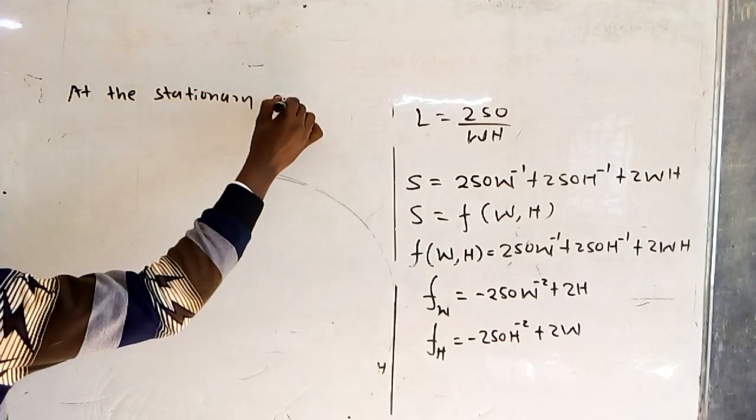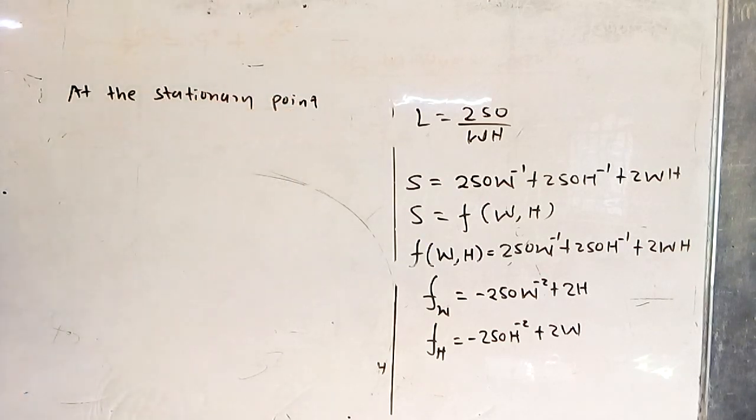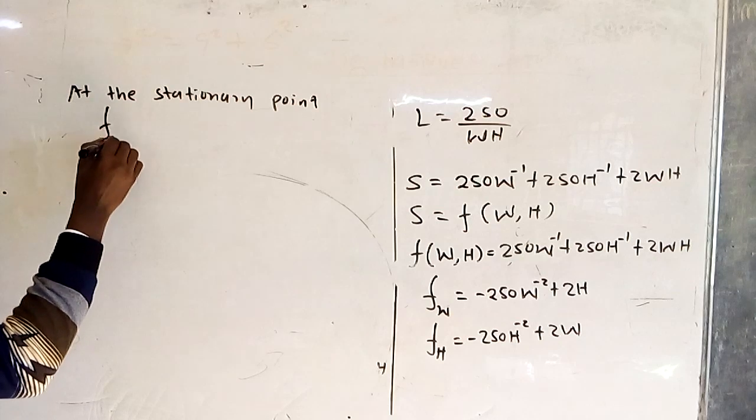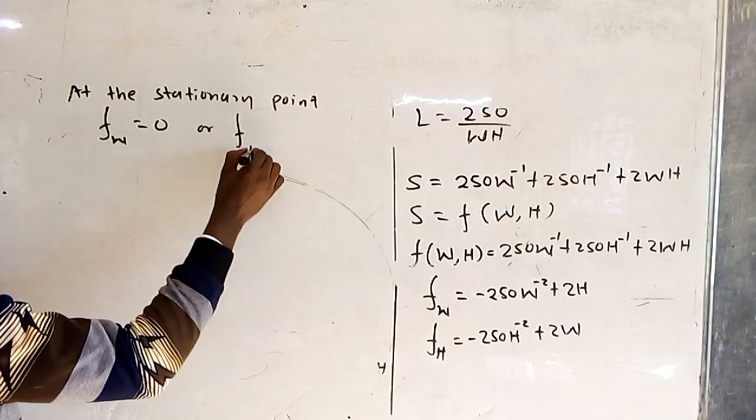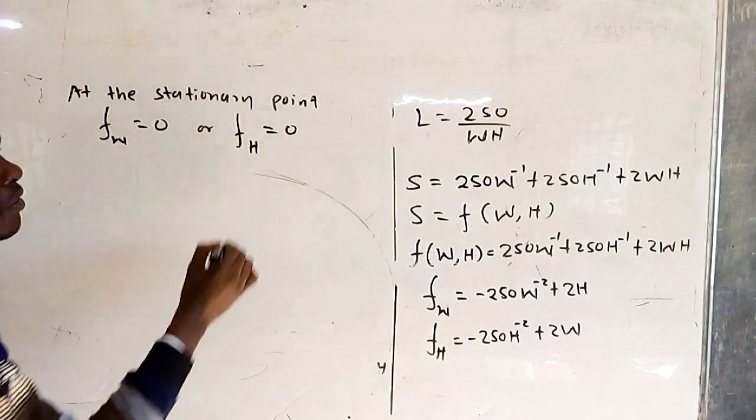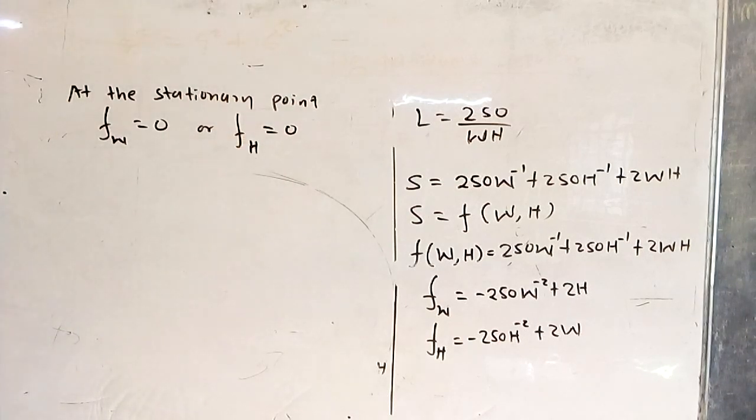Then you now come at the stationary point. At the stationary point, the derivative of the function is 0, isn't it? So it means the partial derivative with respect to W is 0 and the partial derivative with respect to H is 0. Are we together?